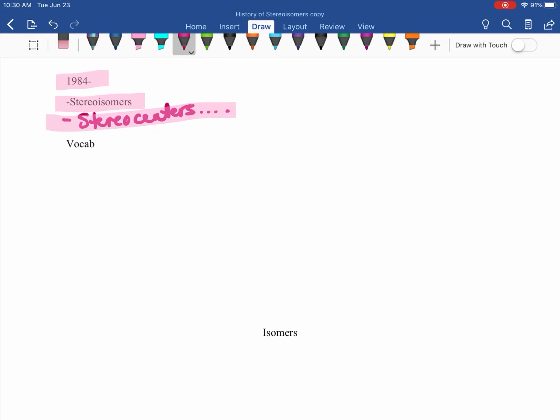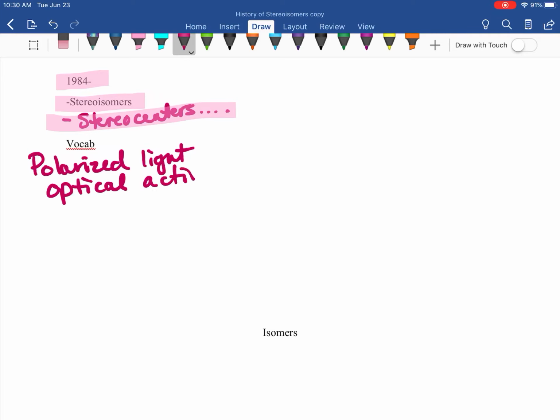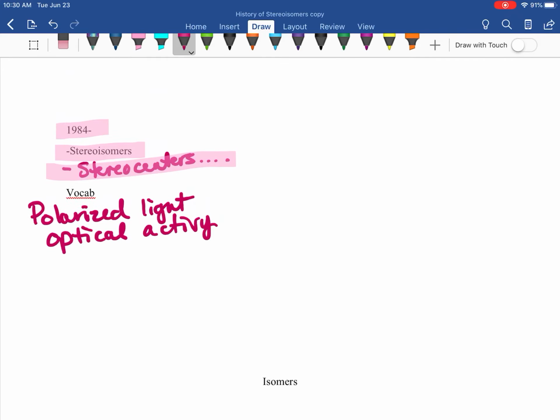So vocab started with things like polarized light and optical activity, because it was something that they could gauge. Oh, I think I better spell activity right. It was something that they could actually see. There was something that was different, and we're going to spell that out in our isomers.